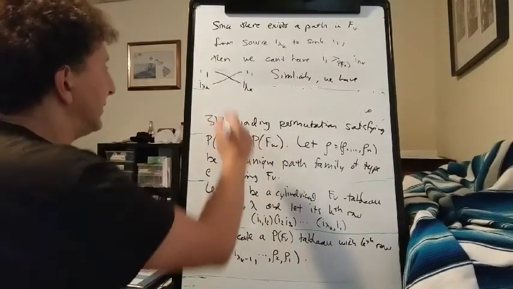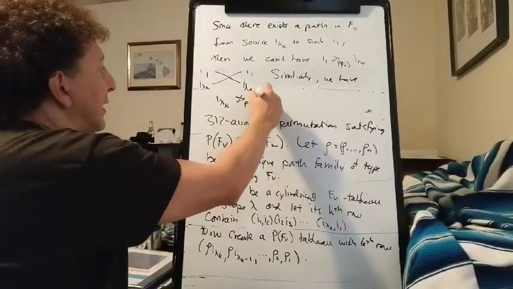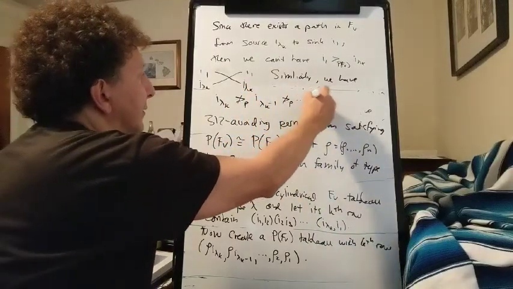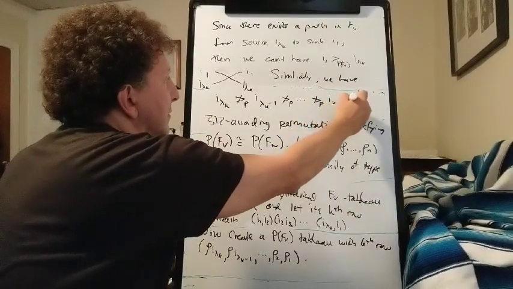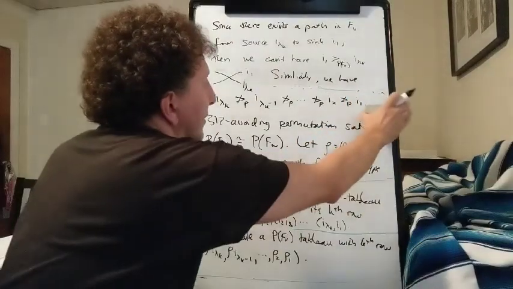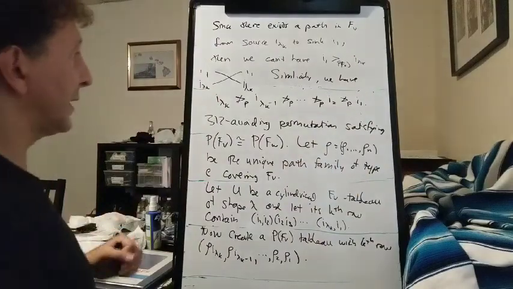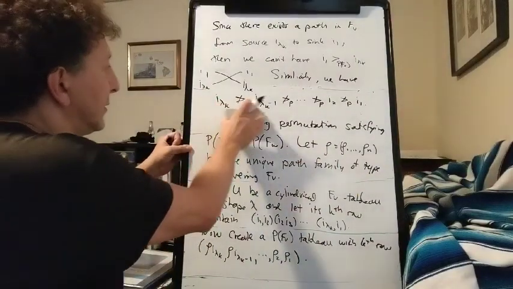Maybe I'll just use the indices: I lambda k is not greater than I lambda k minus 1, etc. So we do get a tableau that's cyclically row semi-strict.